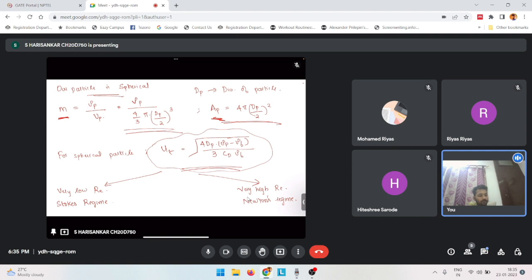And then obviously there will be one in the intermediate range. So intermediate Reynolds number will be something like 1 to 1000. This is called the intermediate regime. In Stokes regime, the Reynolds number is usually less than 1. And in Newton's regime, the Reynolds number is usually greater than 1000.